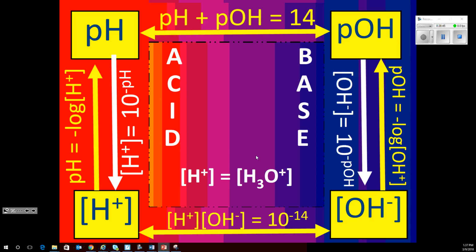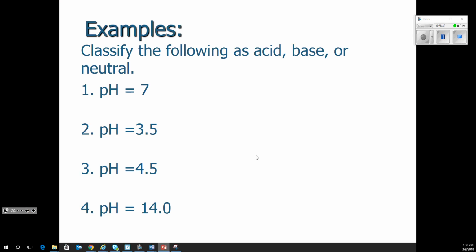Okay, so we're going to do some examples here with this. So get your calculator out. First thing we're going to do is go back to our pH scale. We need to be able to look at a pH and tell if it's acid, base, or neutral. So number 1, what is it? Everybody together. What is number 2? Acid. Good. 3. Base. Good. So here's a warning.